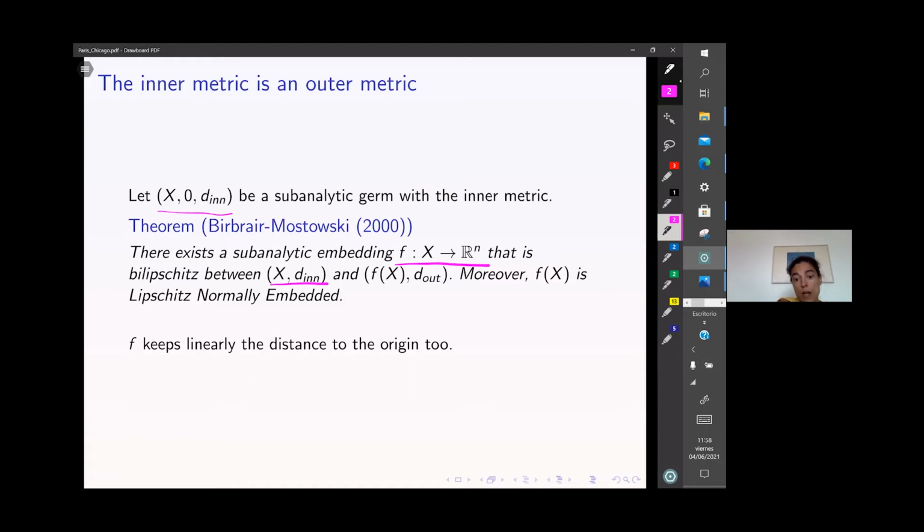Moreover, the image is Lipschitz normally embedded, so for this germ the outer and the inner metric are equivalent, but actually we don't use this part of the statement. I also want to say that this F keeps the distance to the origin linearly; in fact, it can be taken preserving the distance to the origin. So whenever we have an inner metric, we can take the image by this mapping and work with it as an outer metric.